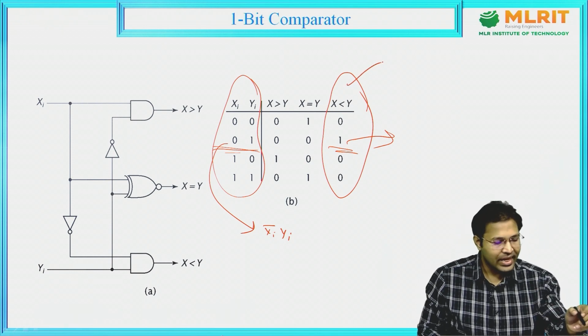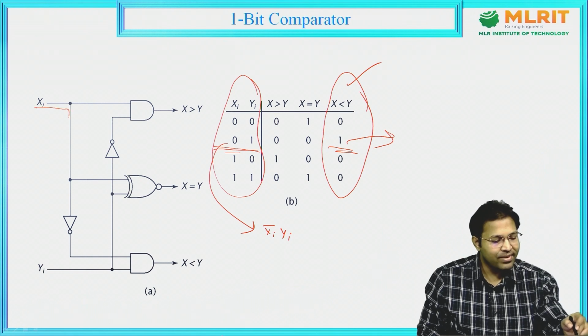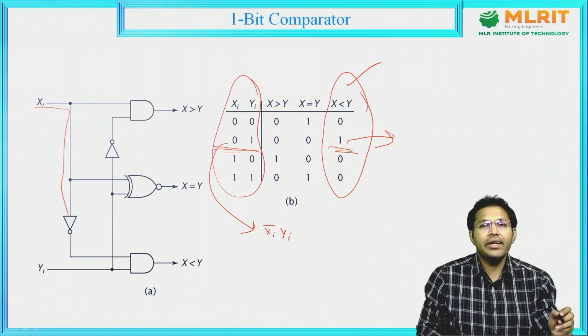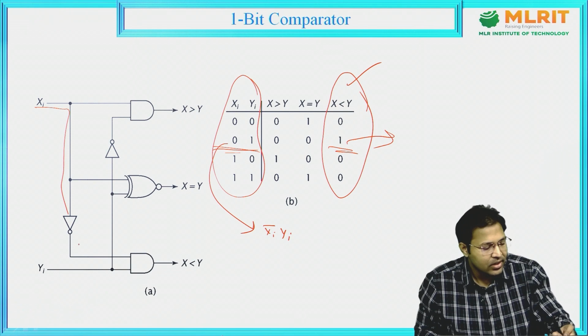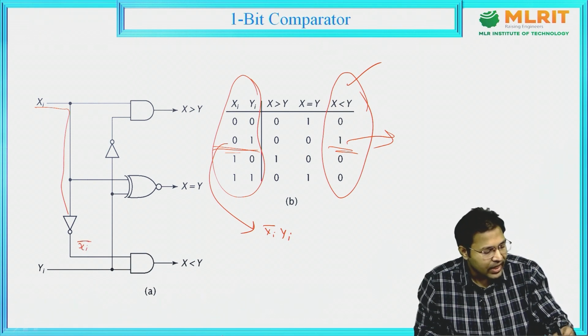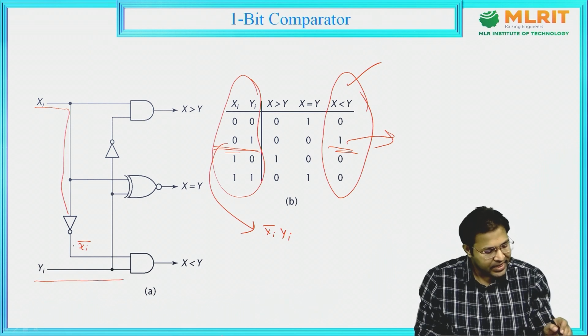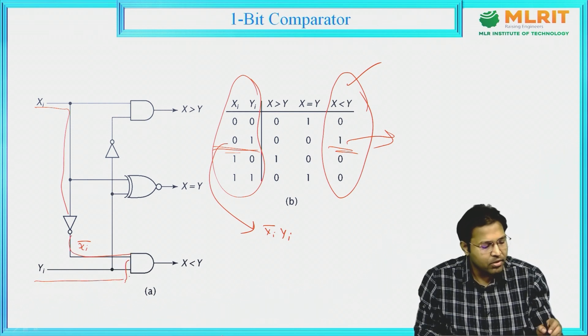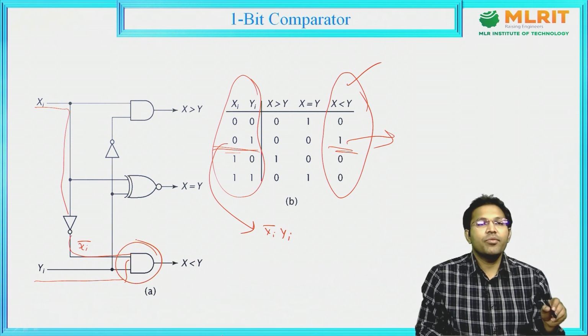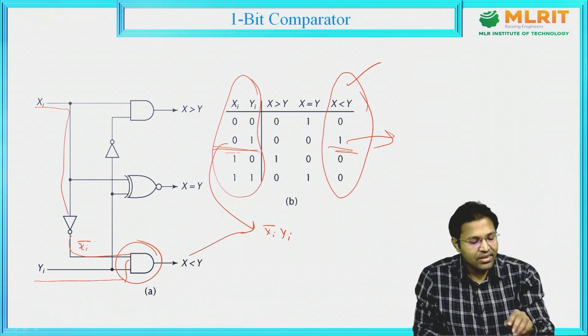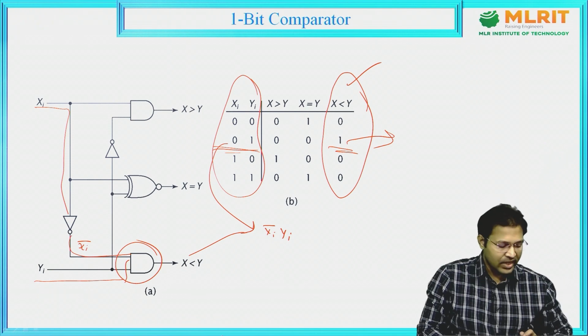Here xi bar means we pass xi via a NOT gate. The NOT gate will complement, so we get xi bar, and that is multiplied by yi. We have discussed that multiplication is performed by an AND gate. So we put all these into an AND gate, and then we get x less than y.